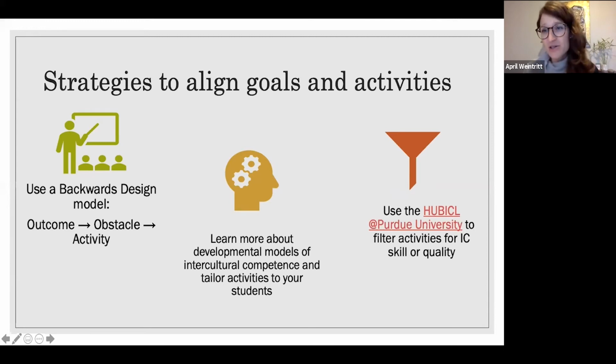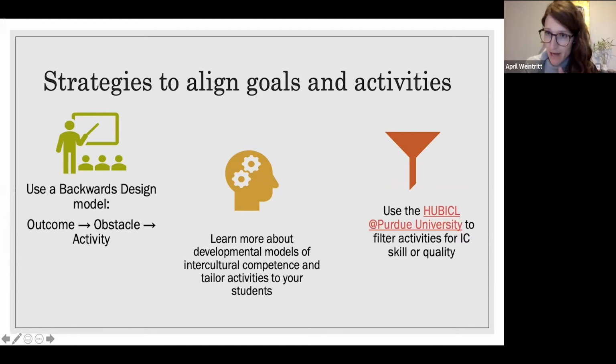You can't talk to students who you think are in denial or in polarization, which are lower levels in terms of intercultural competence development, as if they were over here in acceptance or in adaptation. You have to realize where they are and then tailor your activities to suit where they are. This involves learning more about the developmental models of intercultural competence.